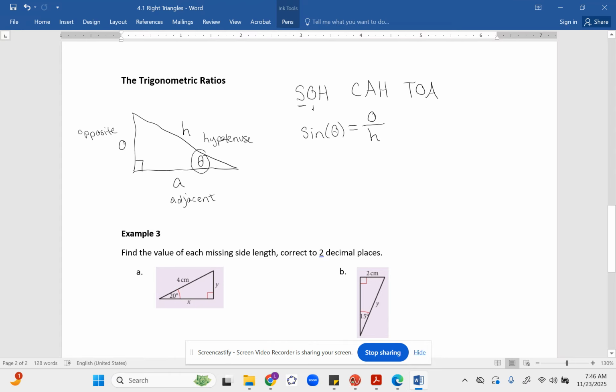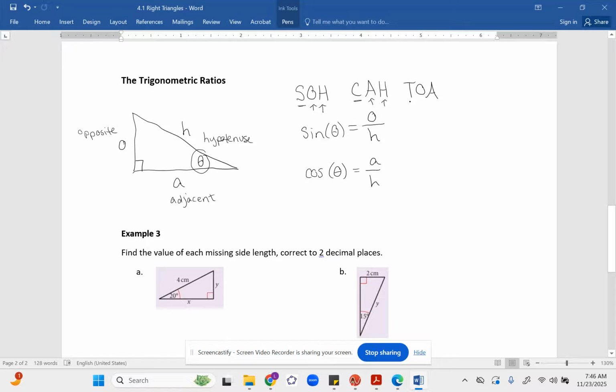That's what O and H stand for. Opposite over hypotenuse. Same with C. C stands for cosine. So we can say cosine of an angle is equal to the ratio of adjacent over hypotenuse. So we have A over H.